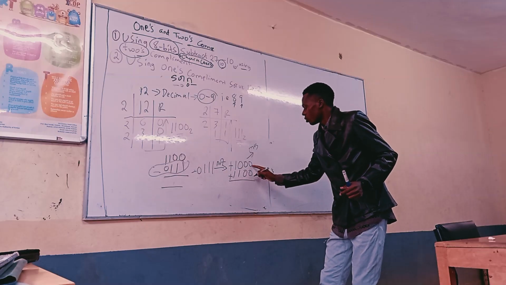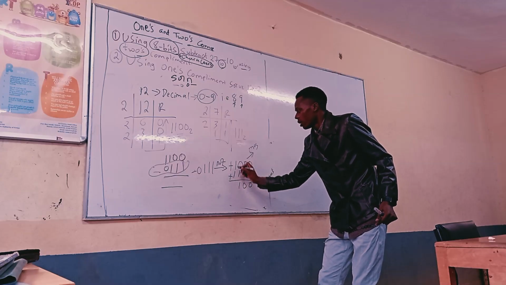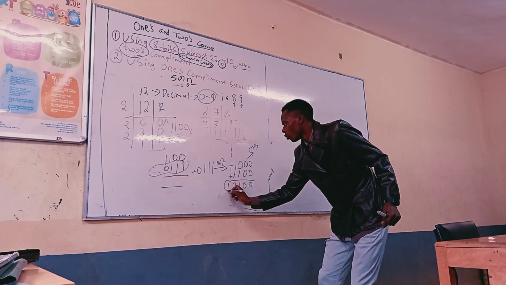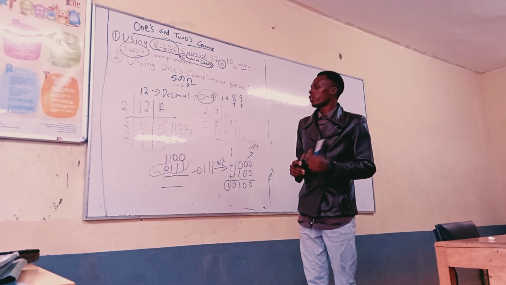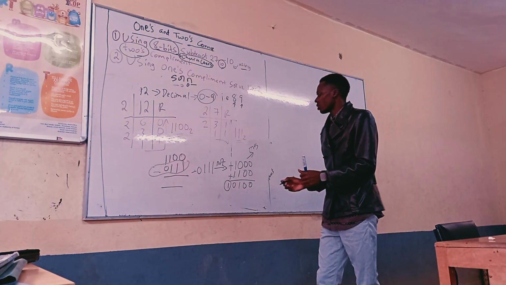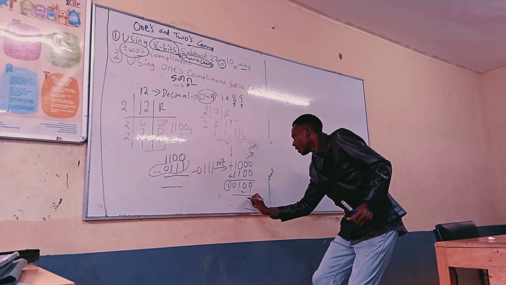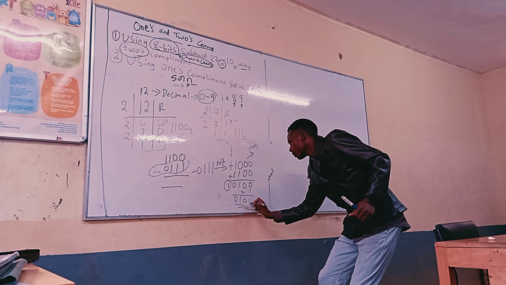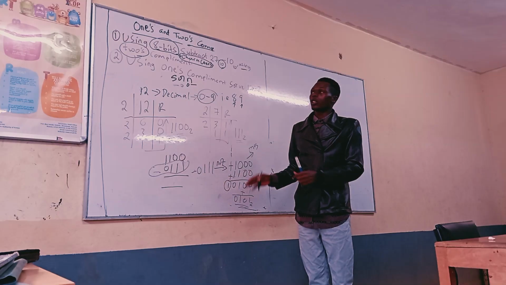So this is a 0, a 0, a 1, a 0, and an overflow. In one's complement, when we have an overflow, you don't ignore it like in 2's complement. You take it and add it to the first term, and now the answer is this one, base 2. So in one's complement, we don't ignore the overflow.